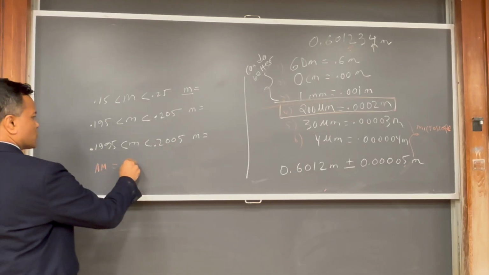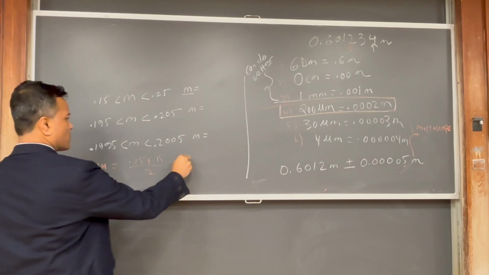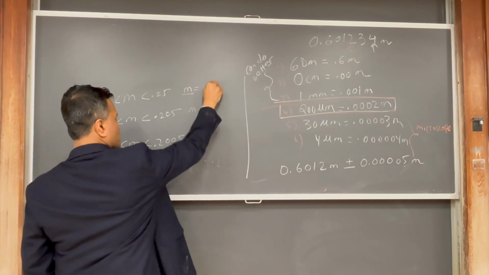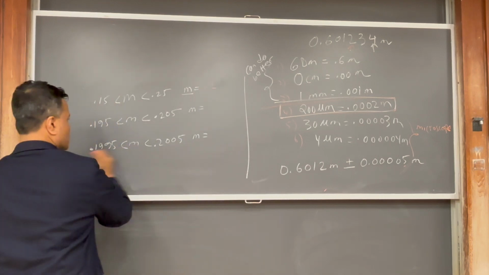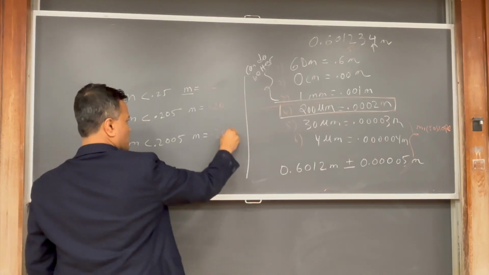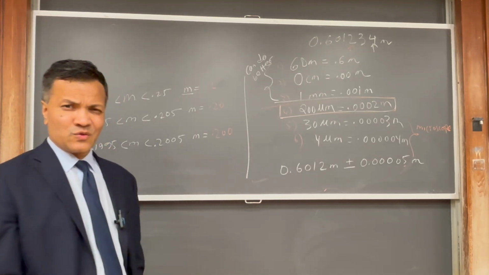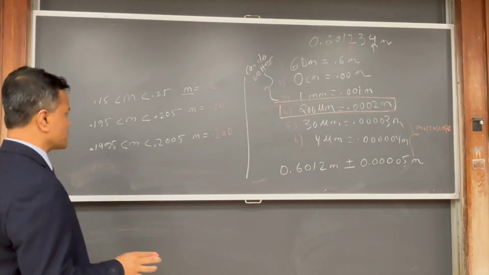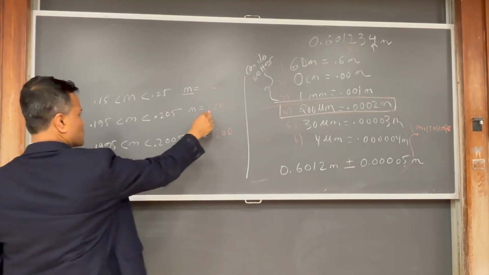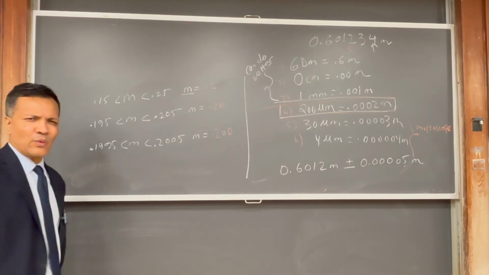The arithmetic mean is 0.25 plus 0.15 divided by 2, that is 0.40 divided by 2, and that is 0.2. So this is 0.2. What is this one? 0.20. What is this one? 0.200. These are the representative means. So the measurement lies, okay? So 0.2 is between 0.15 and 0.25. 0.20 is between 0.195 and 0.205, and so on.